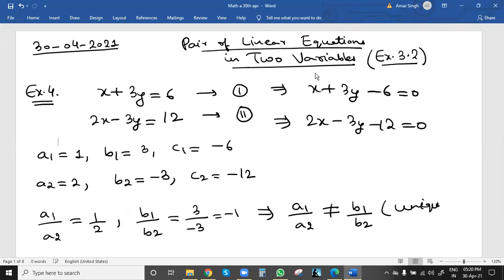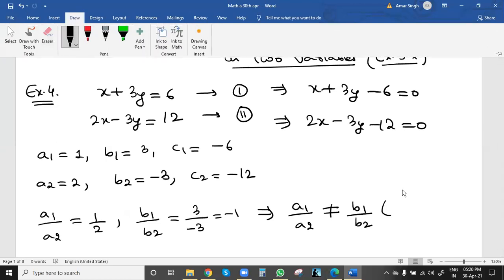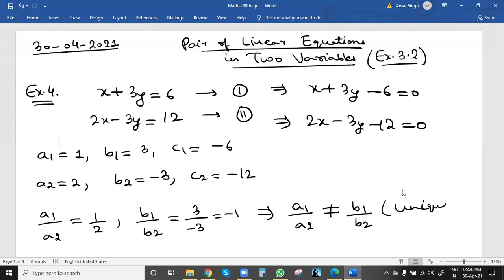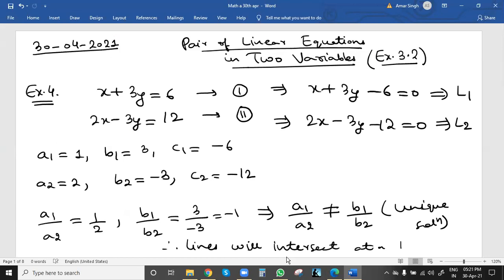We'll write in brackets: unique solution. Hence we can say the lines will intersect, because both equations give lines: from this equation we get line L1, and from this equation line L2. So the lines will intersect at a point, and we have a unique solution.